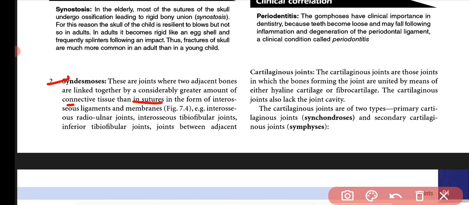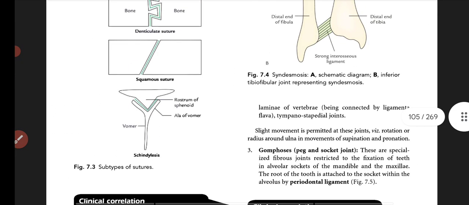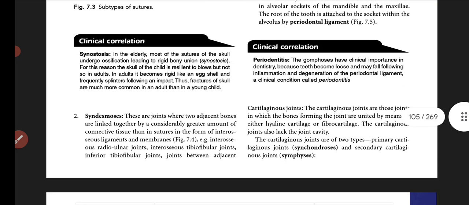In the suture, there is only a small, thin amount of connective tissue, and here a considerably greater amount of connective tissue is present in the syndesmosis type of joints, in the form of interosseous ligament or membrane, such as the interosseous radioulnar joint, interosseous tibiofibular joint, inferior tibiofibular joint, and the joint between the adjacent laminae of the vertebrae. Okay, these are the syndesmosis type of joint.